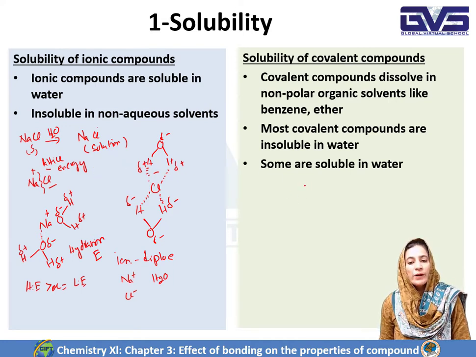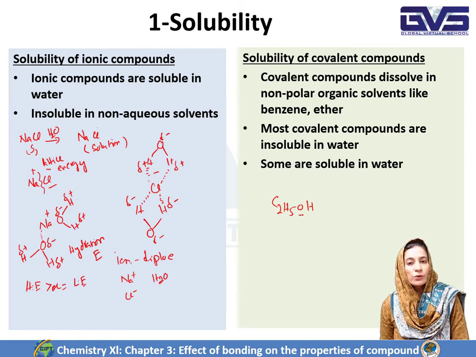Now come to the solubility of the covalent compounds. Covalent compounds can be soluble in organic solvents because they have enough energy to overcome their bondings and they form the bonds. But some of the organic compounds are still soluble in water, for example, ethanol, C2H5OH, because those organic compounds that have some oxygen or nitrogen group form hydrogen bonding with water.